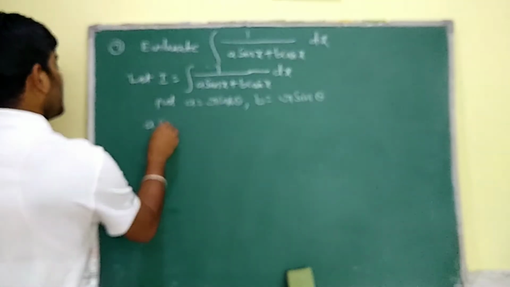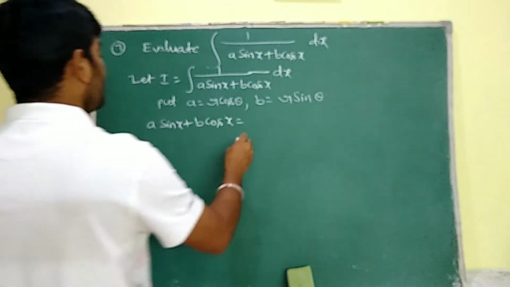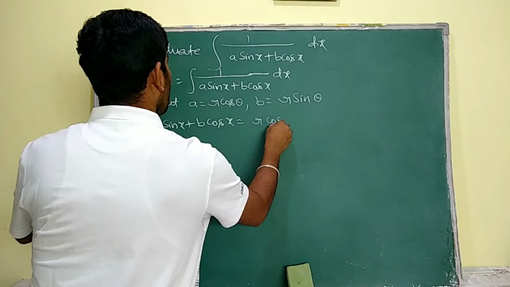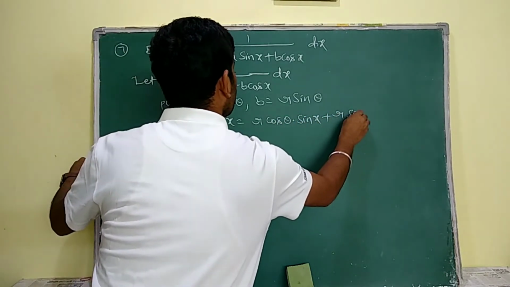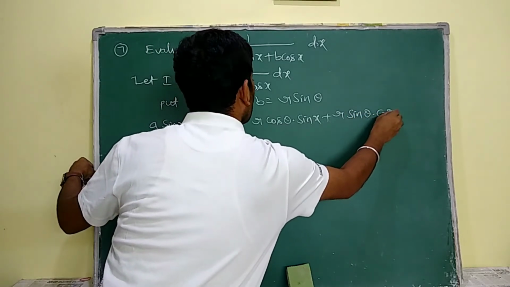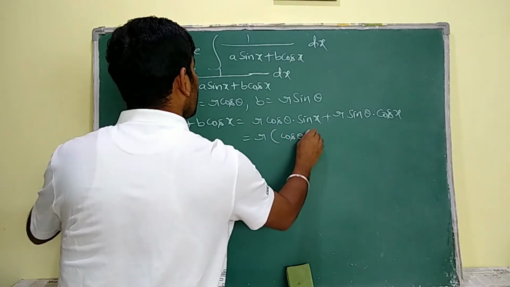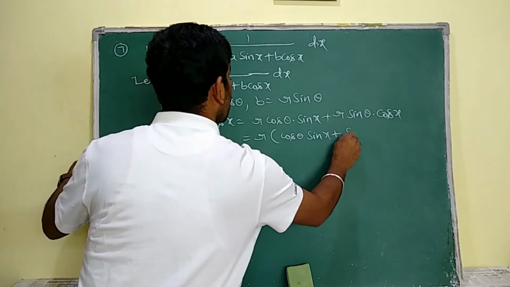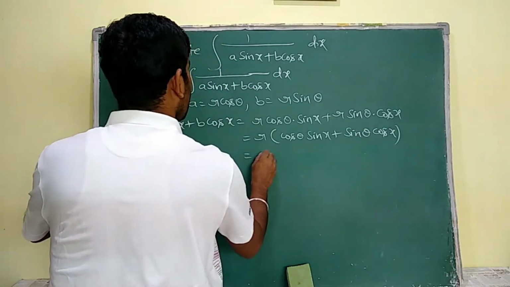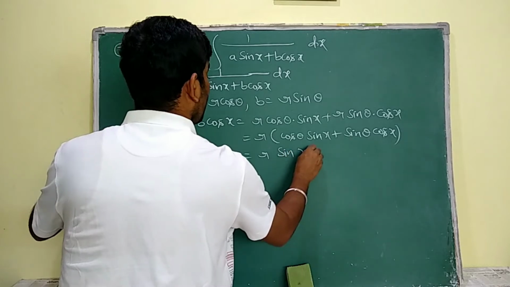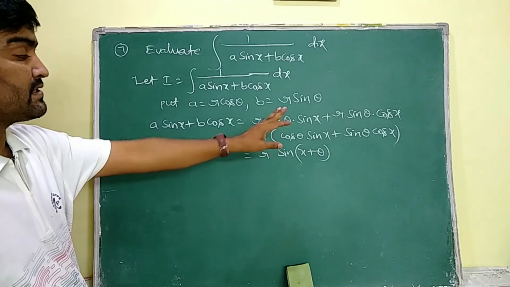Then a sin x plus b cos x becomes r cos theta into sin x plus r sin theta into cos x. By taking r as common, this becomes cos theta into sin x plus sin theta into cos x. That means it can be expressed as sin of x plus theta. Why? Because it is like sin a cos b plus cos a sin b.